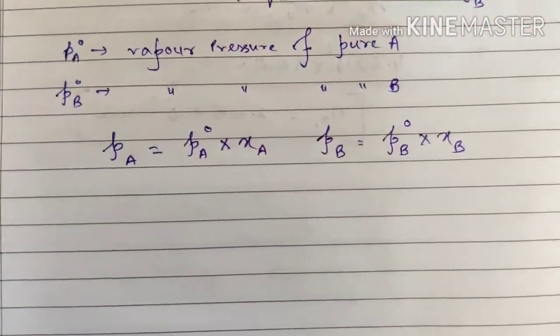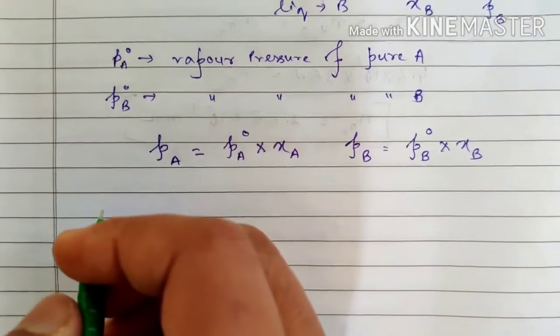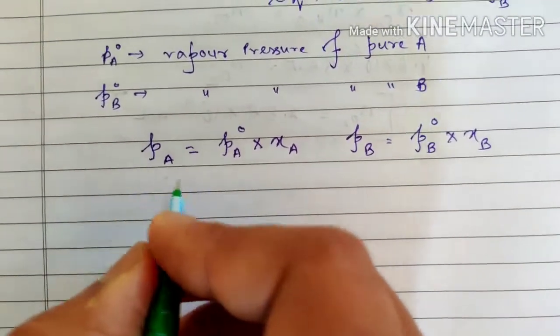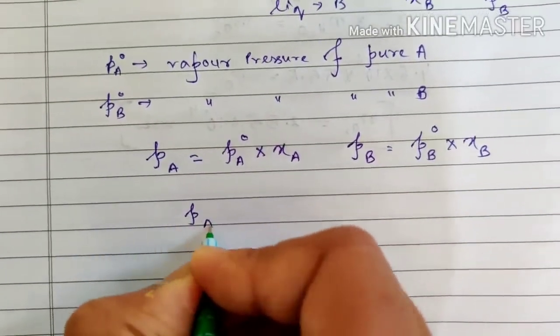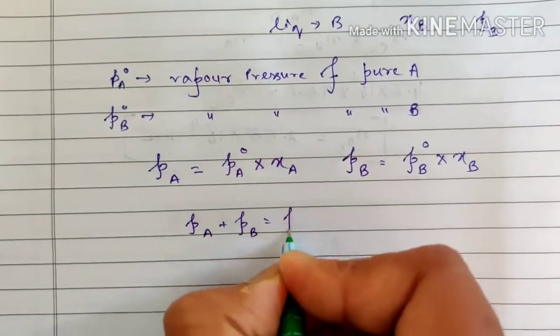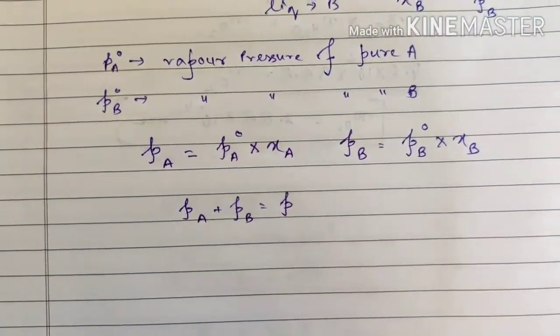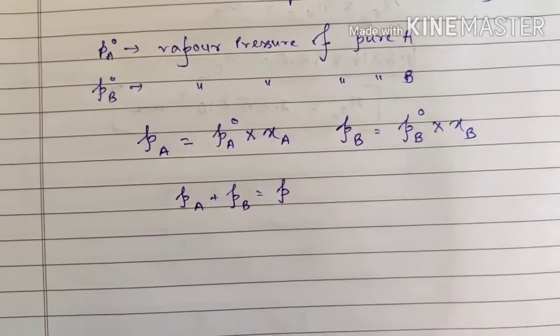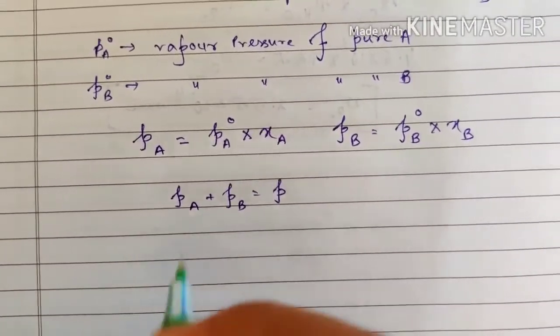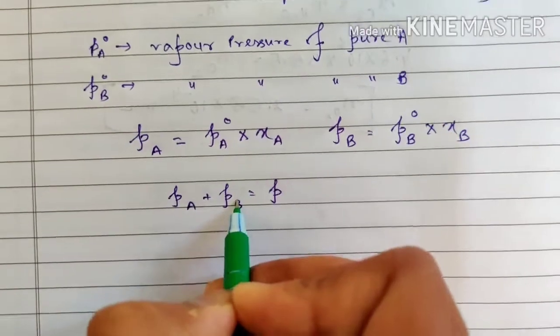Along with that, we know that the sum of the partial pressures in the solution, PA plus PB, should be equal to P, the total pressure, because Dalton's law of partial pressures suggests that the total pressure is equal to the sum of the individual partial pressures.